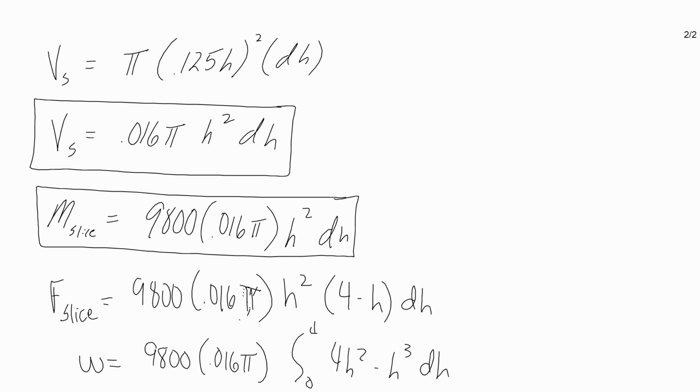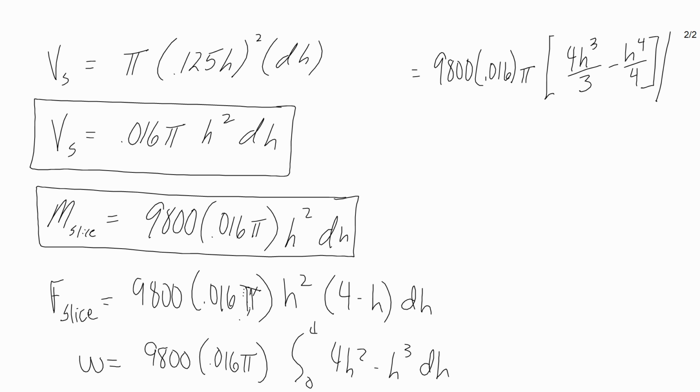And that's going to be equal to 9,800 times 0.016 pi, and then brackets 4h cubed over 3 minus h to the 4th over 4 evaluated at 4. I'll do 0 for you. 0 comes out to be 0.